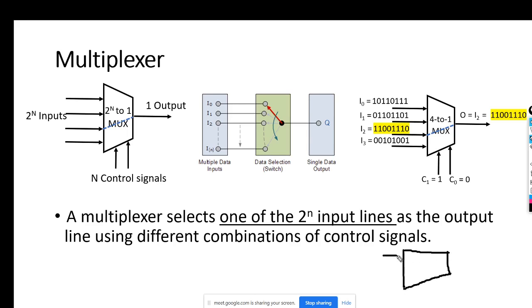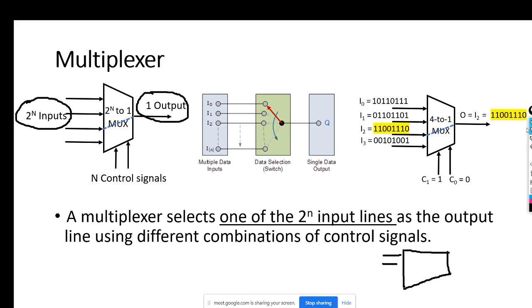Here we have 2 to the power n inputs, but there is only one output. That is the difference. Earlier, n inputs and 2 to the power n outputs, so fewer inputs, more outputs. Here, a large number of inputs but just one output.